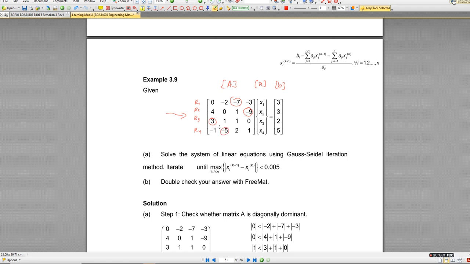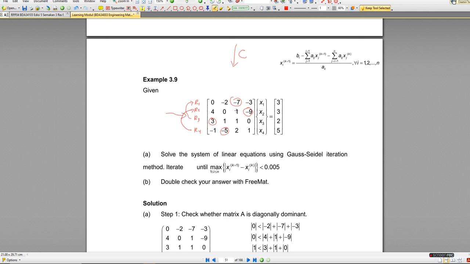Okay, and then we look at the column direction. For column number 1, the highlighted value is 3. So 3, from row number 3, you should rearrange to row number 1. And then column number 2 is 5, from row number 4 to row number 2.